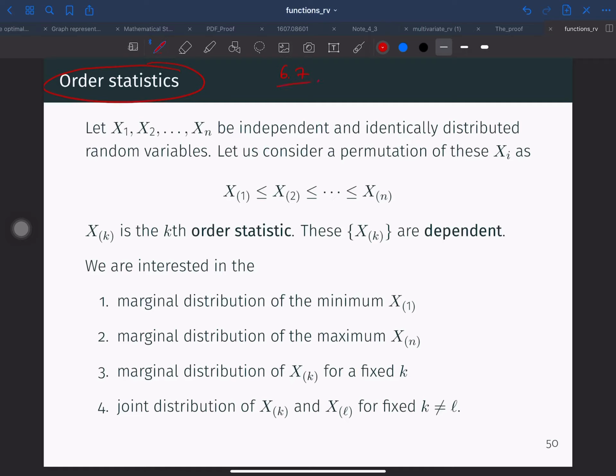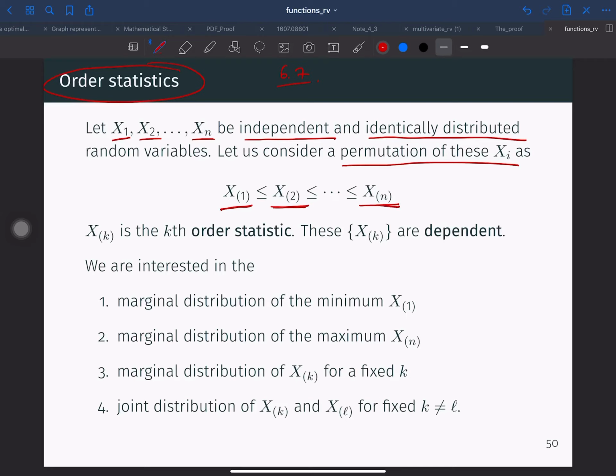So let's try to give an overview of a few tricks here and there to derive the results of order statistics. We start with a collection of independent random variables, and they all have the same distribution. Let us now consider a permutation of these random variables, where we order them as X subscript (1), X subscript (2), all the way up to X subscript (n), in increasing order.